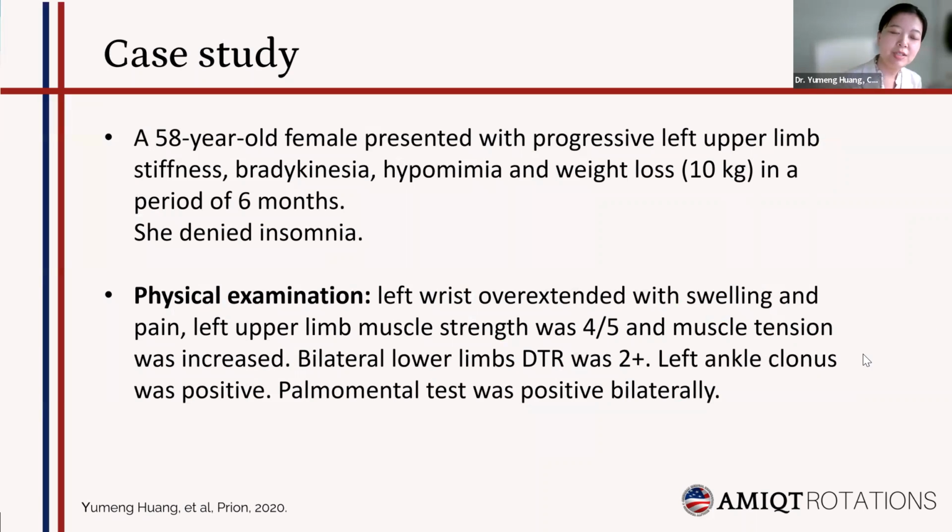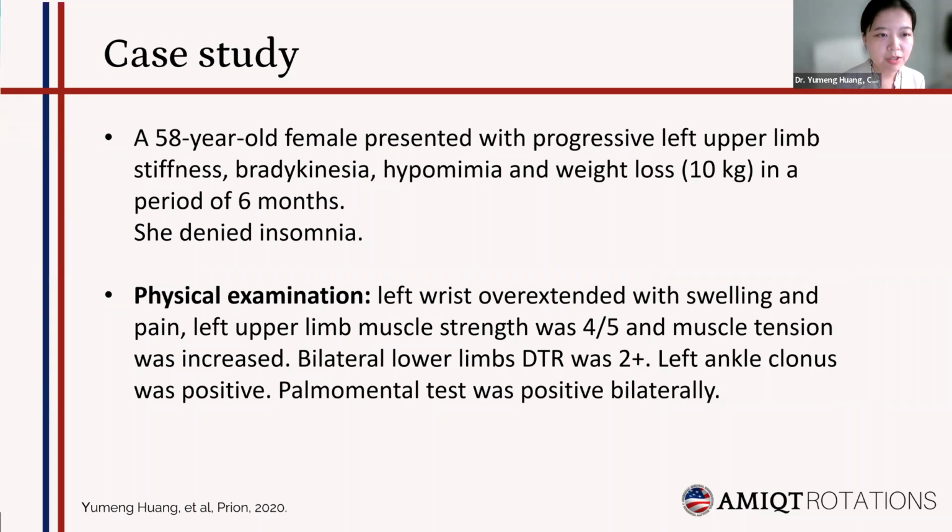So now is the interesting part. I want to show you a case that I met 4 years ago in my practice. Here is a 58-year-old female who presented with progressive left upper limb stiffness, bradykinesia, hypomimia, and weight loss over a period of 6 months. She denied any insomnia.